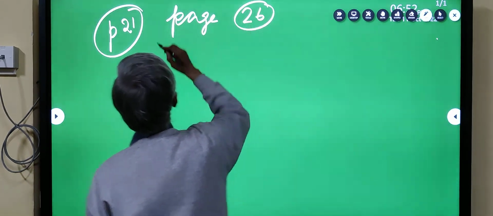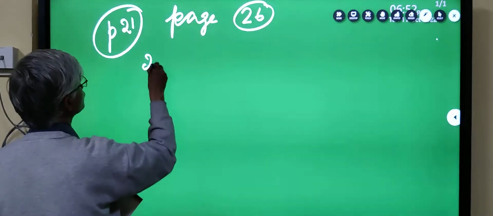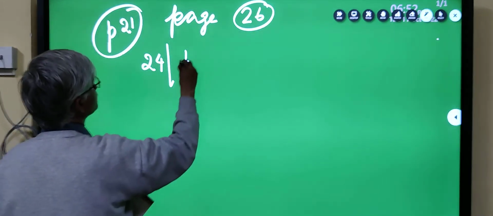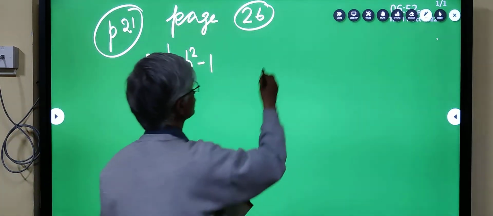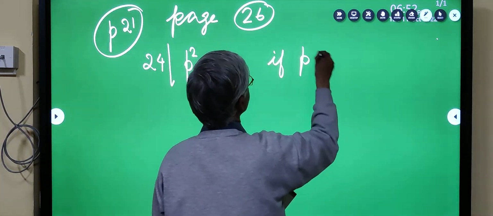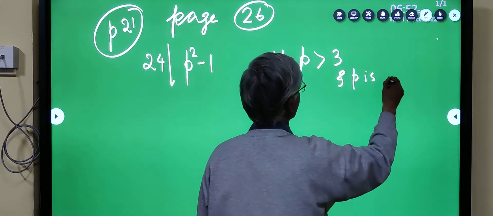So on this page, problem 21, what it says is, show that 24 divides p square minus 1 if p is strictly greater than 3, and p is prime.